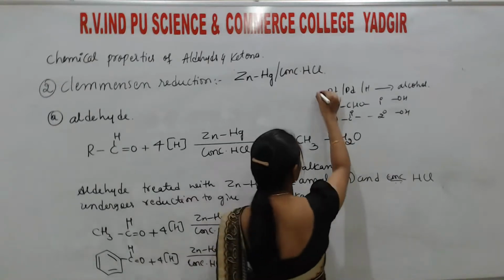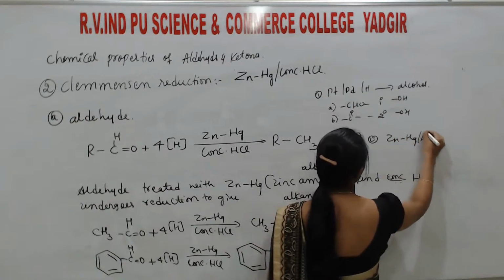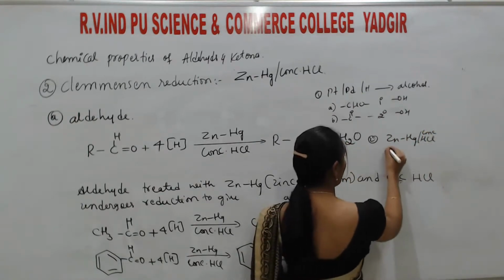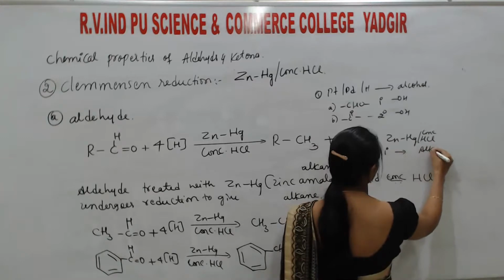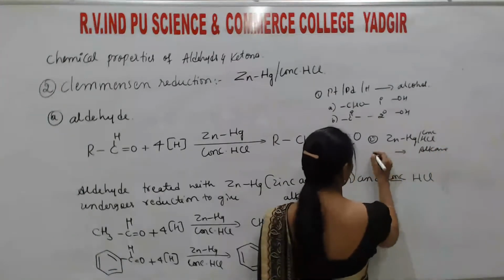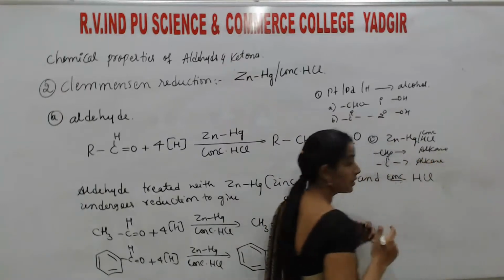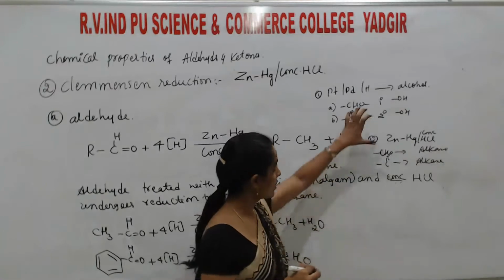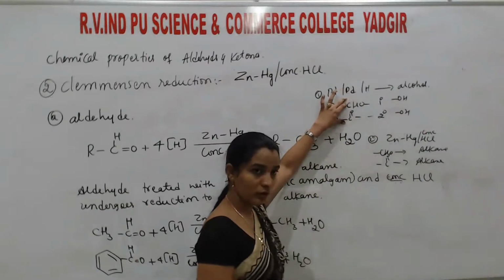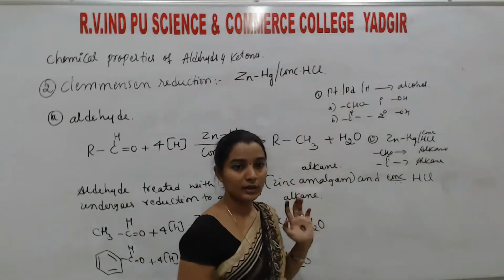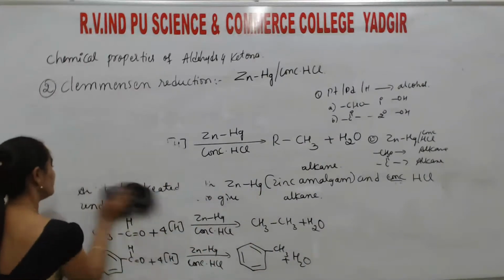Next, in the reduction, if they use zinc amalgam and concentrated HCl, aldehyde gives alkane, and ketone also gives alkane. The key thing to remember is which reagent gives which product. If you know the functional groups, then you can answer easily. So this is aldehyde. Now the ketone.